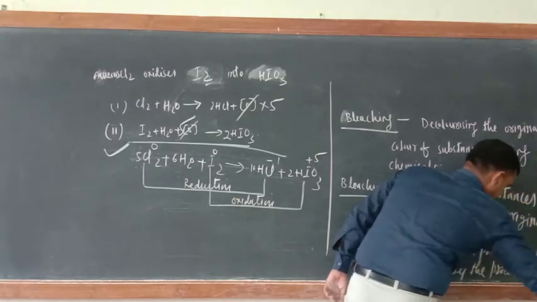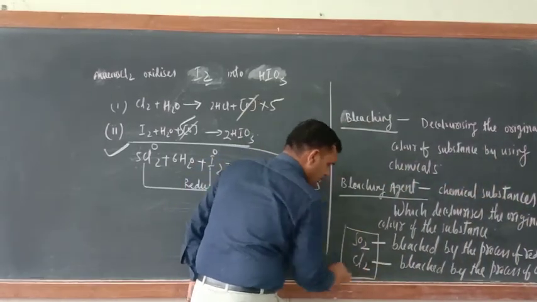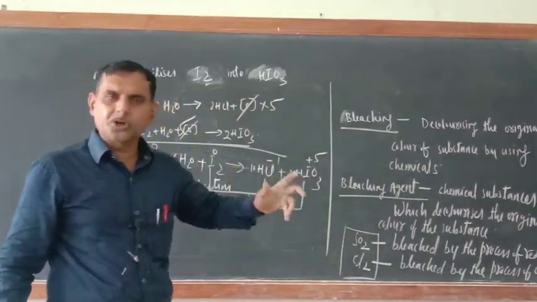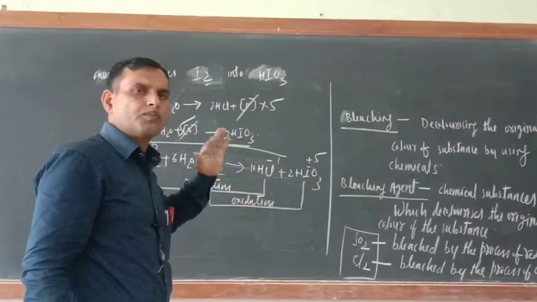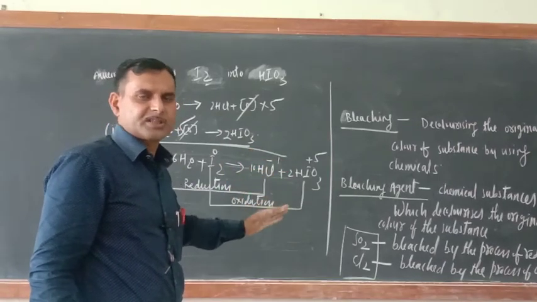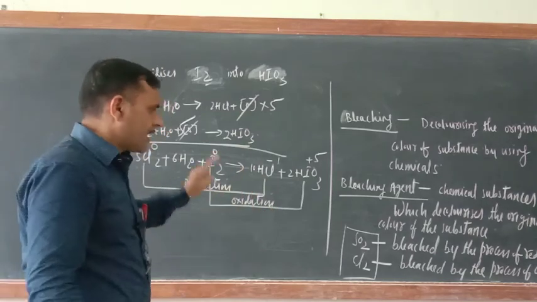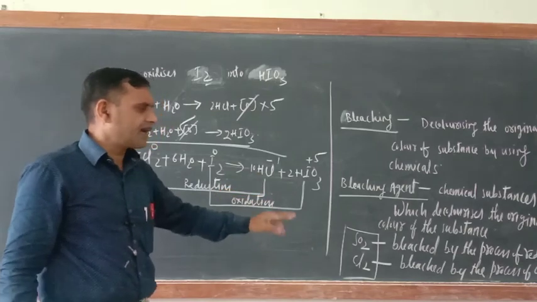Now try to understand. SO2 and Cl2 are both bleaching agents only, but their methodology to bleach any substance is different. SO2 bleaches by reduction, Cl2 bleaches by oxidation.